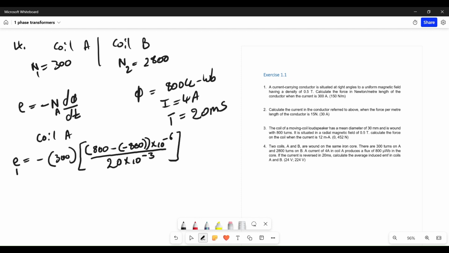So the induced EMF for A is equal to, let's calculate 300, okay, I'm busy calculating here.